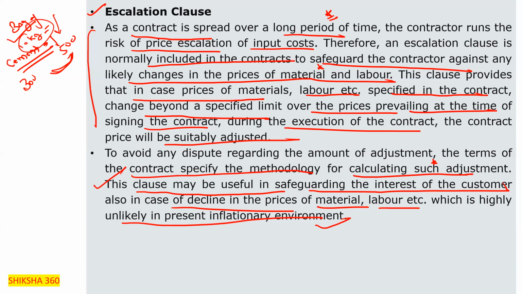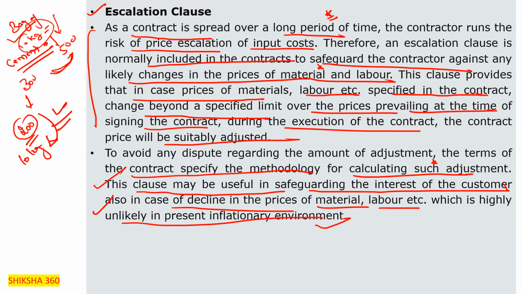In that case, the amount paid has to be adjusted on that basis. For example, if they made the contract at this price and later the price decreases to rupees 200 for a bag of 10 kg, the adjustment has to be made. But this will happen very rarely, as you will seldom see prices of anything decrease. Still, both points should be included while making the contract. So that is the escalation clause.